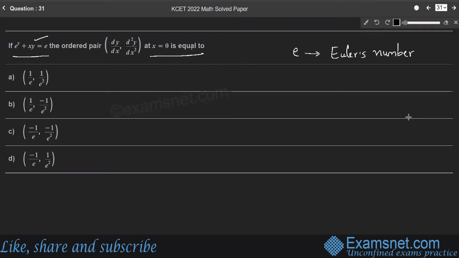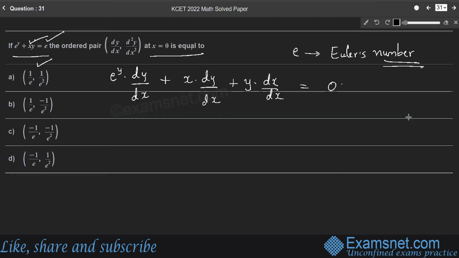So consider the differentiation of the given equation, right? E raised to y, its differentiation becomes e raised to y into dy by dx, where x and y are variables. So plus, the differentiation of x into y becomes x into dy by dx plus y into dx by dx, which becomes 1, is equal to the differentiation of the RHS part, which is 0, since e is a number.